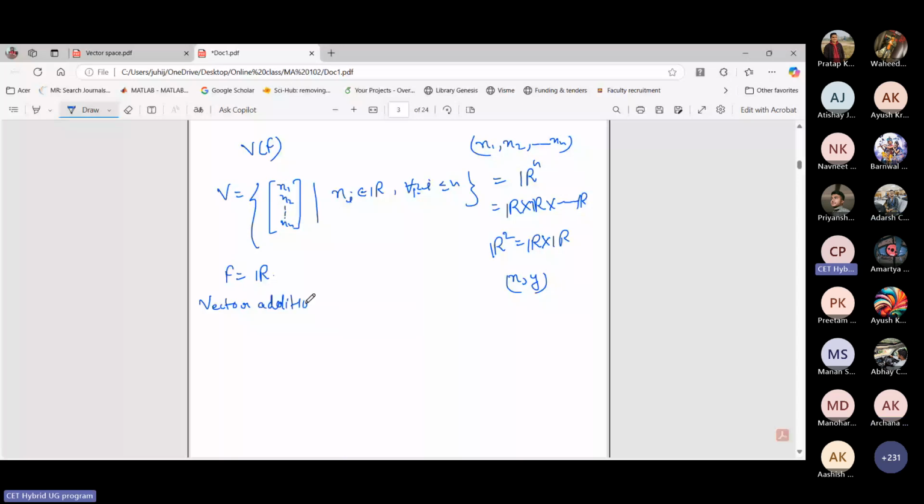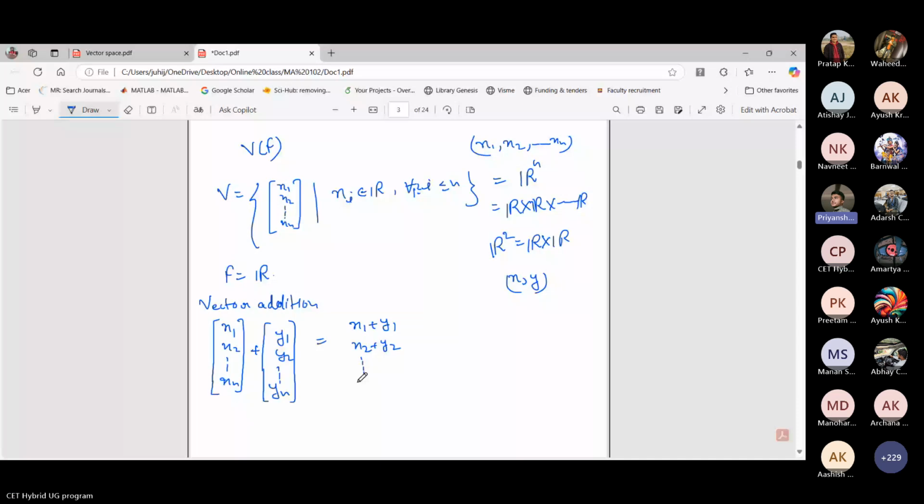Vector addition is defined how? x1, x2, xn plus y1, y2, yn. Matrix addition, all of you are aware of matrix addition and multiplication, right? Yes, ma'am. Element wise, the same thing happens here because this is also an n cross 1 matrix. x1 plus y1, x2 plus y2. The sum is defined element wise, yes?